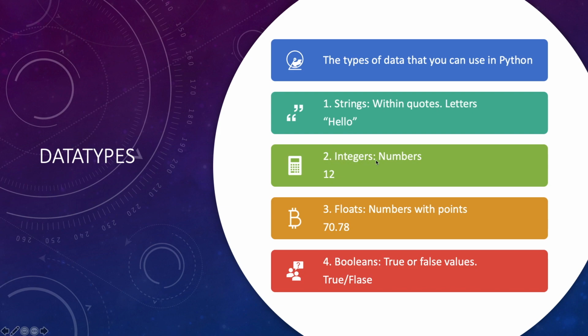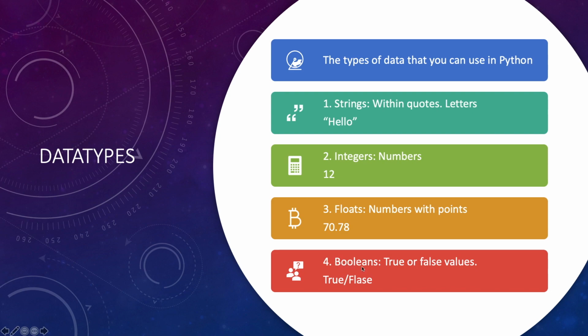Next are integers. They're basically numbers, like this example I have here, 12. Then there are floats. Floats are numbers which have a decimal point with them. So they're basically integers but with decimal points, like this, 70.78. So if we had just 70, that would be an integer, but because there is this 0.78 there, it becomes a float.